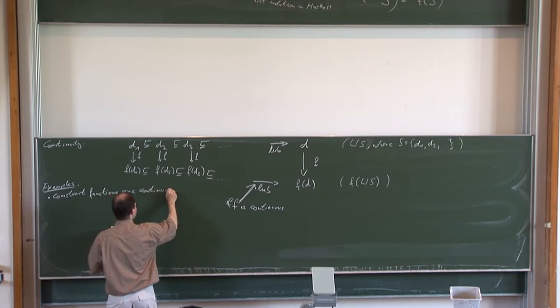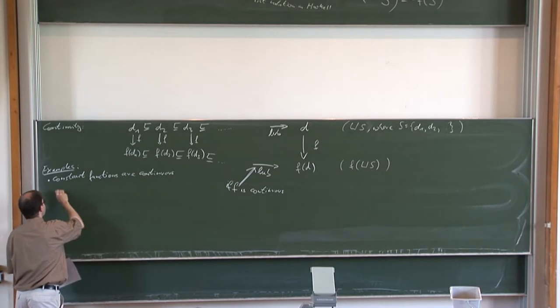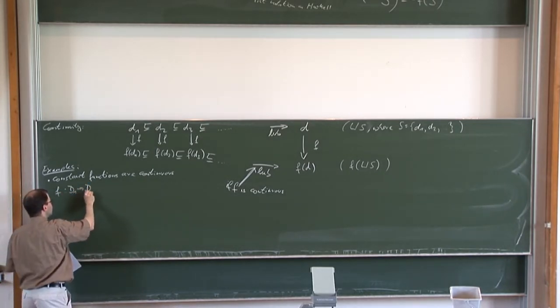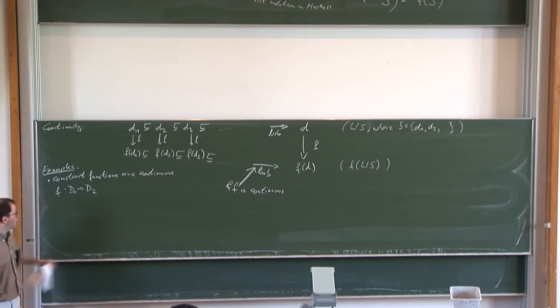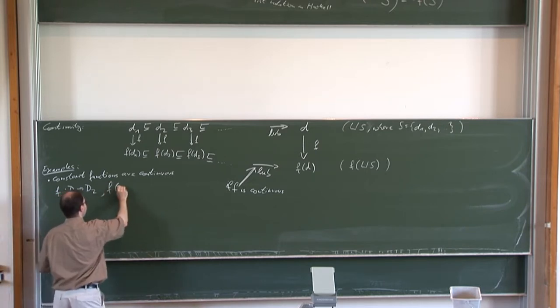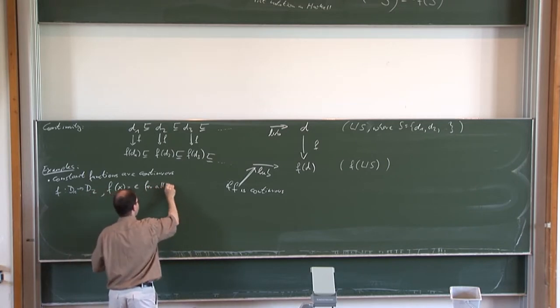Now, why is this the case? Let's look at a constant function. So f is a constant function from D1 to D2, and constant means no matter what argument you apply it to, you always get the same result. So f of x is the same element e for all x from D1.